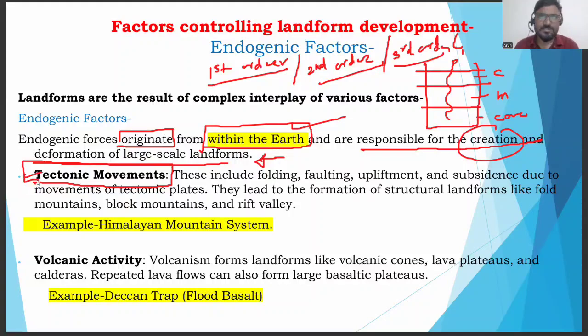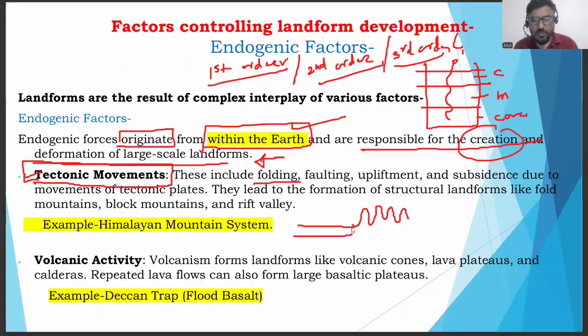Tectonic movements are related to the movements of lithospheric plates. When there is a convergence of plates, or divergence of plates, or transform boundaries, it leads to changes in the formation and development of landforms. In these tectonic movements, there are various processes, like the folding process. Folds form when two plates converge.